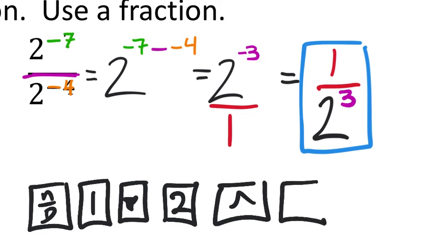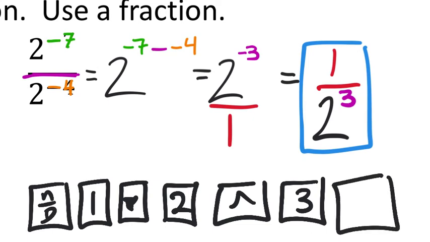Then you type in that, it's called a caret button, I just call it the exponent button. Then push your 3 and push enter. And it'll even show you the fraction there as 1/8. Or you just type in 2 to the power of 3 if you wanted the new denominator there.